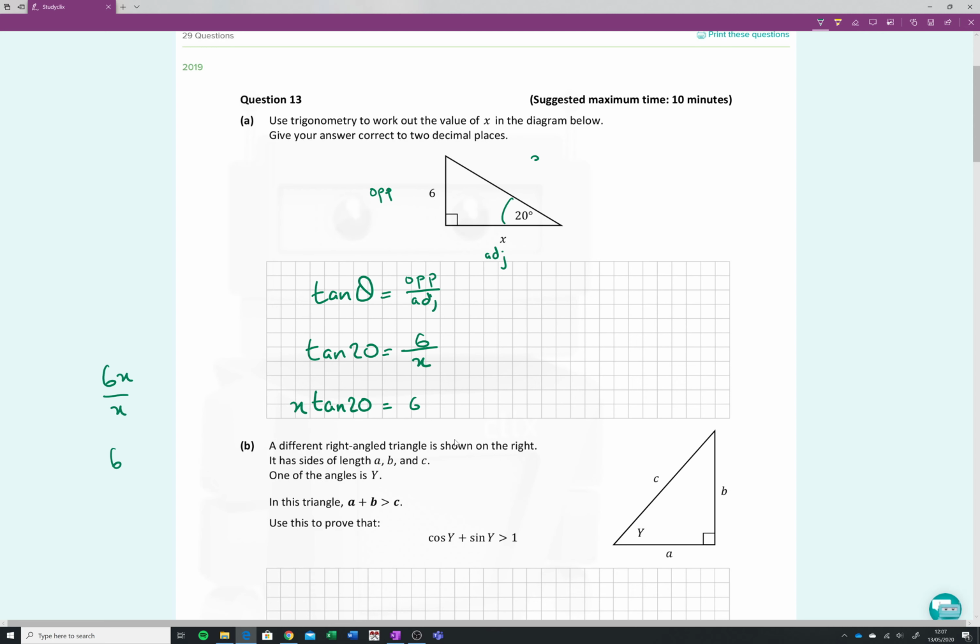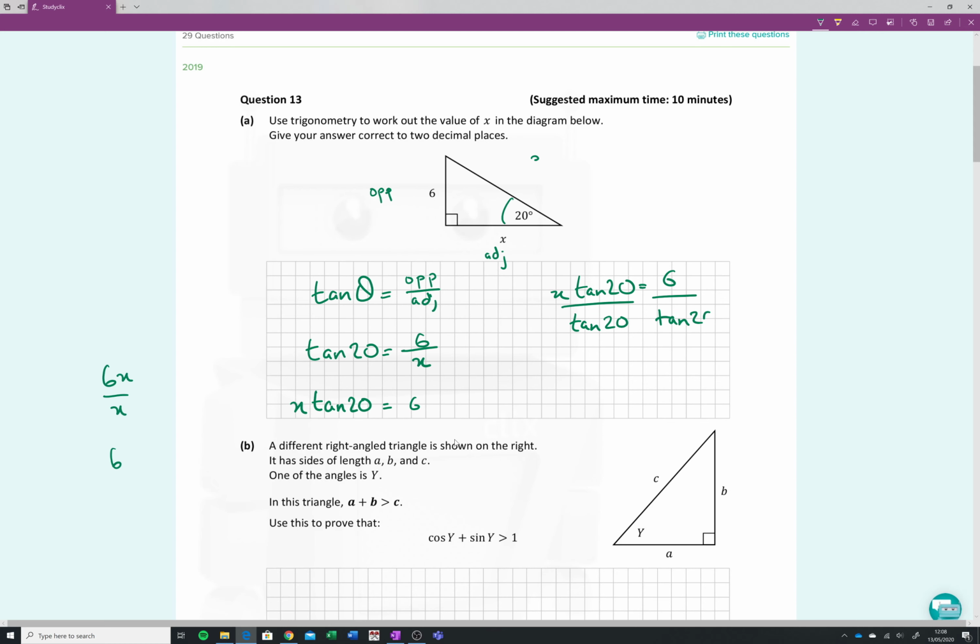And now, to get x on its own, tan 20 is just a number. So, if you had 5x is equal to something, you'd divide both sides by 5. In this case, x is being multiplied by tan 20. So you want to divide both sides by tan 20, just like you would have divided by 5.